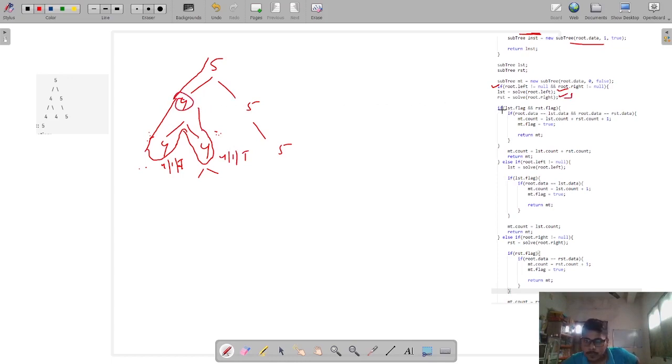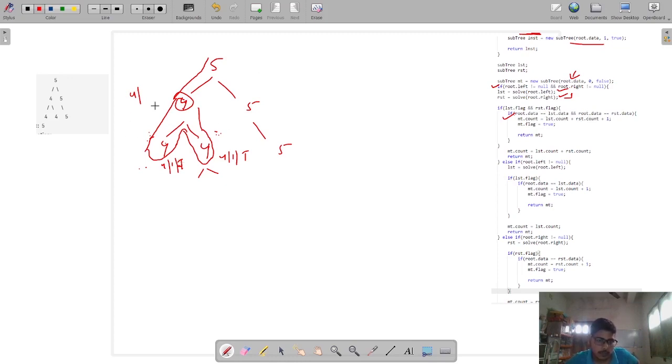Okay, now both the flags are true, right? So we check for this value equal to this value and this value equal to this value, these are true. So we will return some, this data is 4, right? So we have assigned the data already in my tree. And my count will now be left subtree count plus right subtree count plus 1, right?